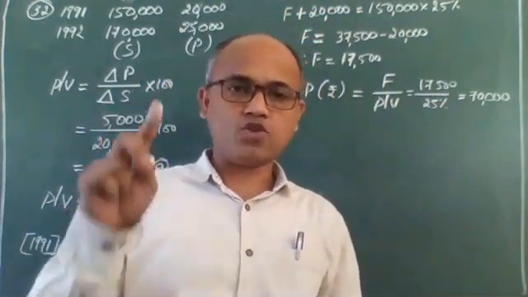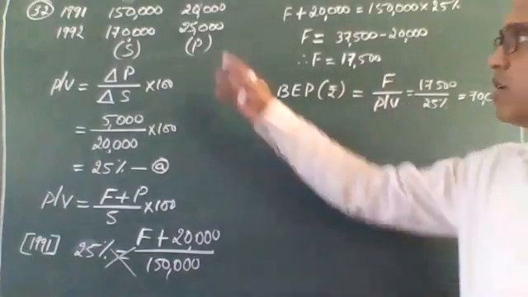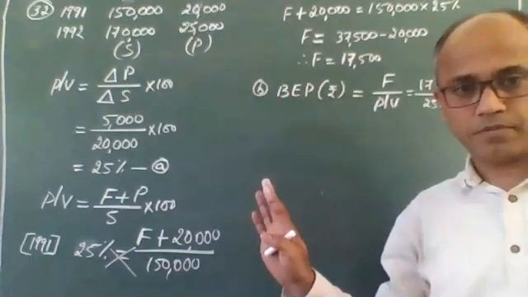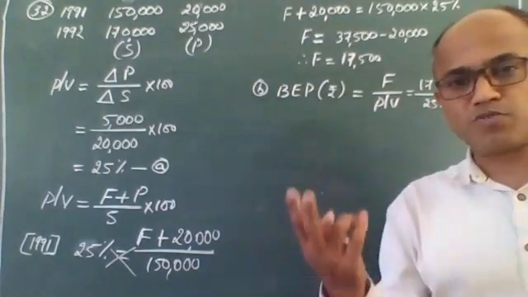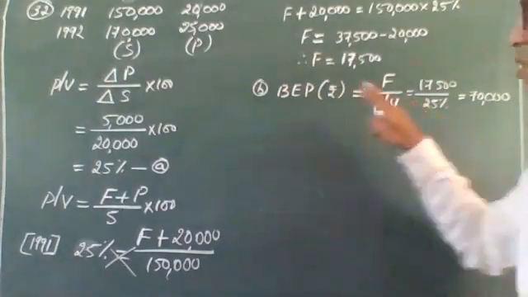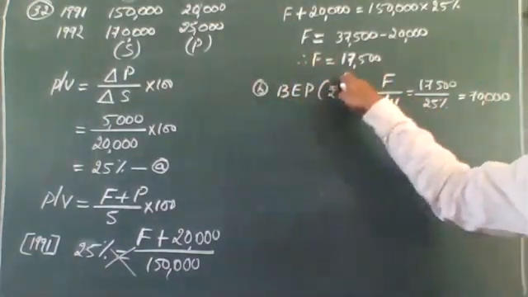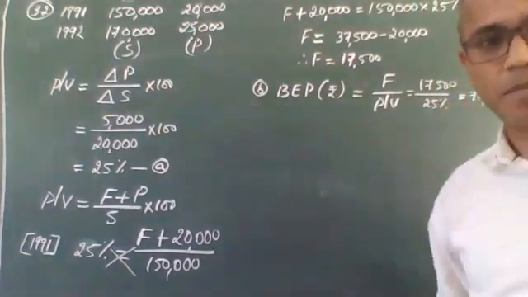Hence, the break-even point will change. Here, there are no changes in the question. There is no change in the selling price and no change in the variable cost per unit. So the PV ratio remains 25% and the fixed cost remains 17,500. So whether you apply it one time or two times, the answer would be the same.